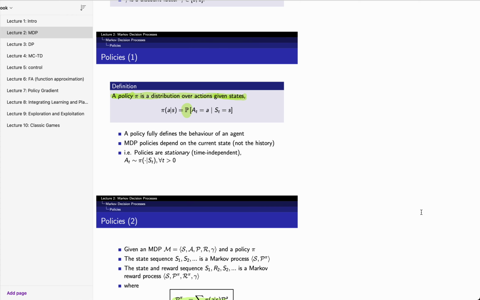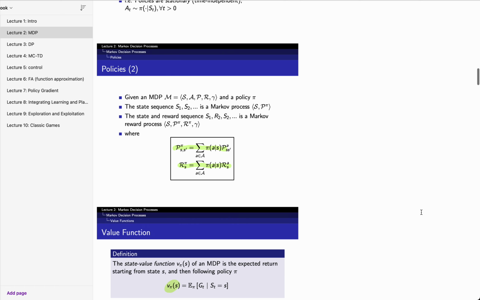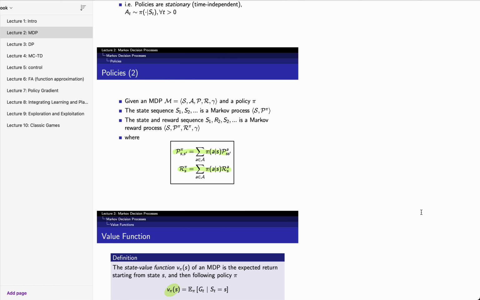A policy called pi defines the probability from S to actions A. And then the P and R under a policy pi would be the corresponding P and R times each of the actions' probability, and then summed up.